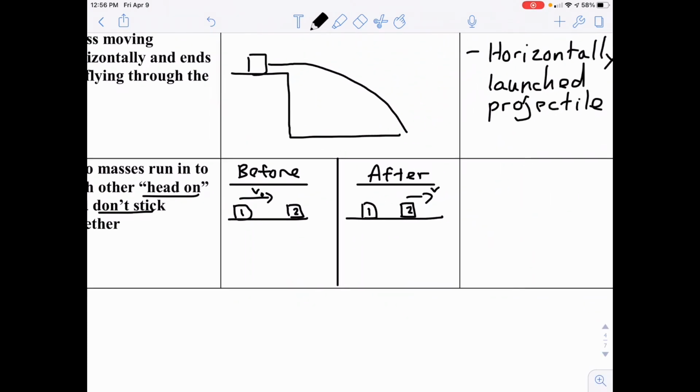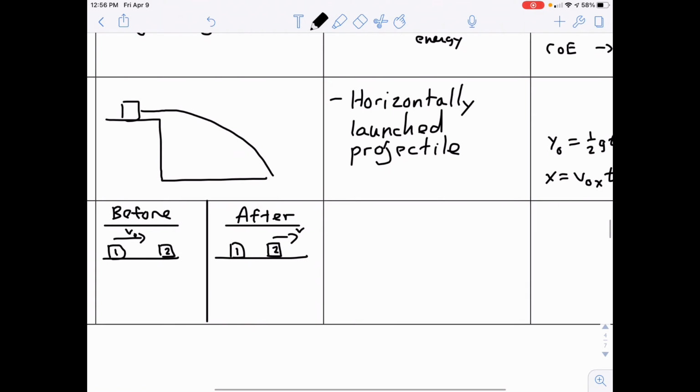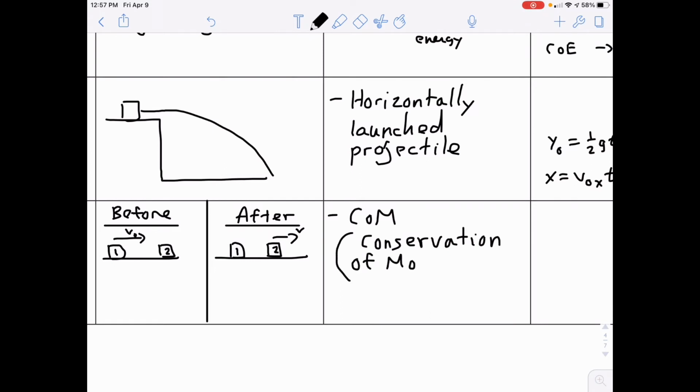Okay, so in this situation, this is a conservation of linear momentum problem. Linear momentum, again, is conserved if there are no external forces acting on the system.